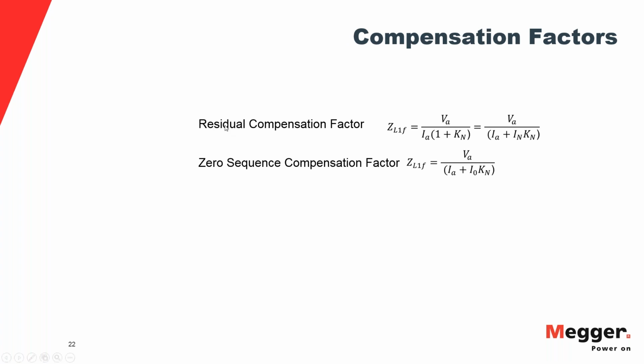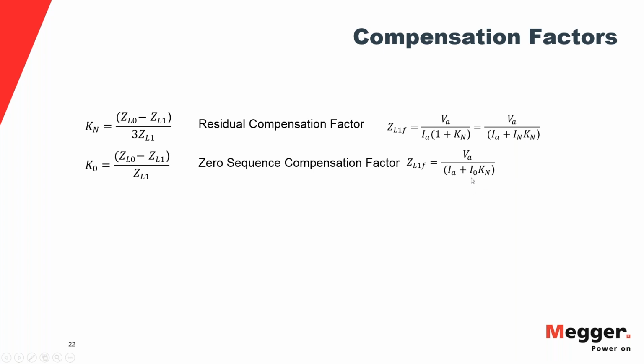This is called the residual compensation factor, Kn, and we also have the zero sequence compensating factor, K0. They are used similarly. The difference is that in one case we have the residual current that we have here, and in the other case we have the zero sequence current.